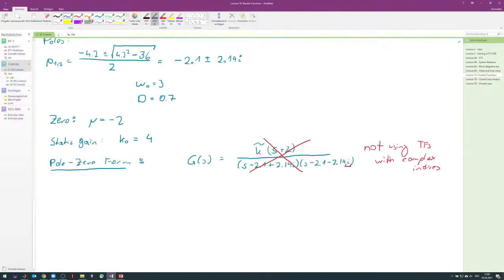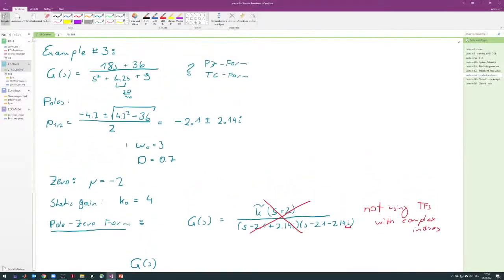Well, if you have a second order polynomial, and actually MATLAB and all this software is doing this as well, you simply let your second order polynomial be in that form, right? So don't change it. The only important thing in the pole zero form is that you have a 1 before the s squared.